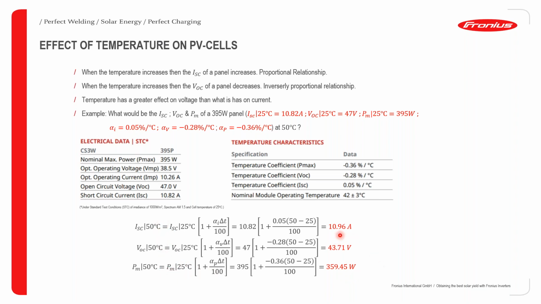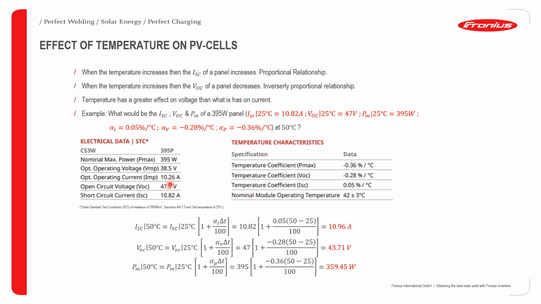By the time you compare it with what we have for the nominal values, as you can see, for the current we had 10.96, and what's given here, the short circuit current at the STC, standard test condition, is 10.82. So there is an increase in current, but not as much change as we have on the voltage.